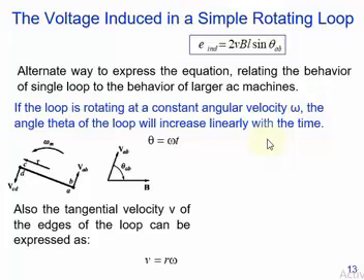As you can see, the tangential velocity v of the edges VAB and VCD can also be expressed as v equals r omega, where r is the radius of the loop and omega is the angular velocity of the loop.